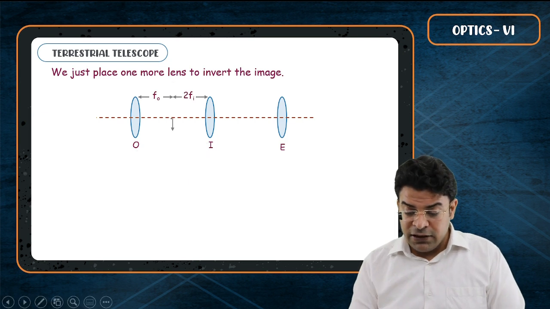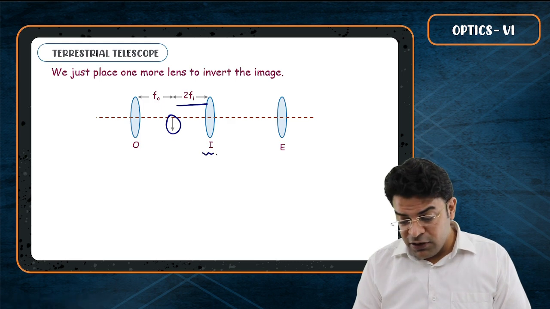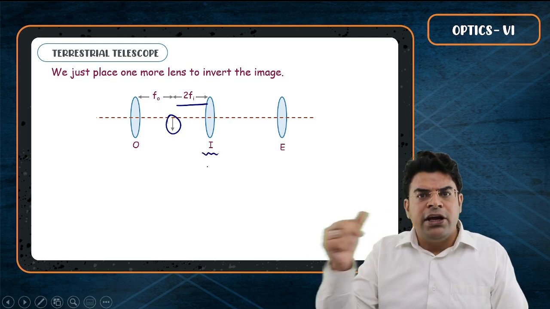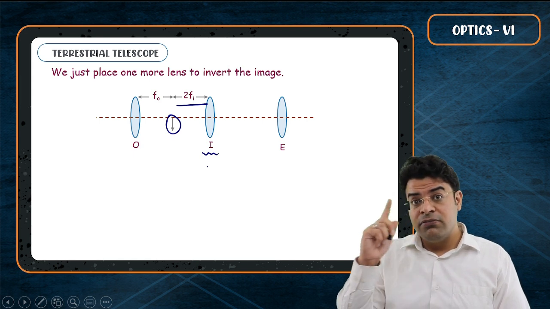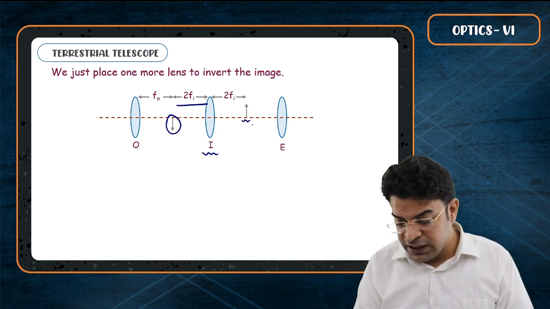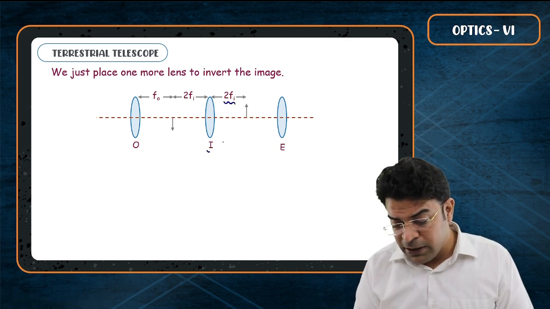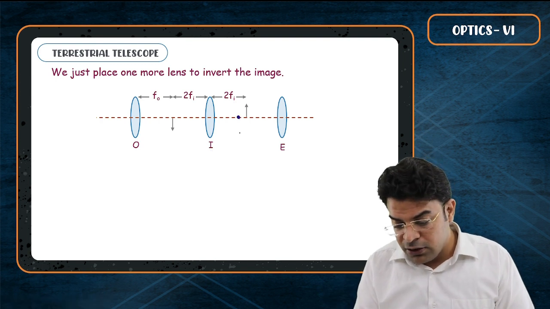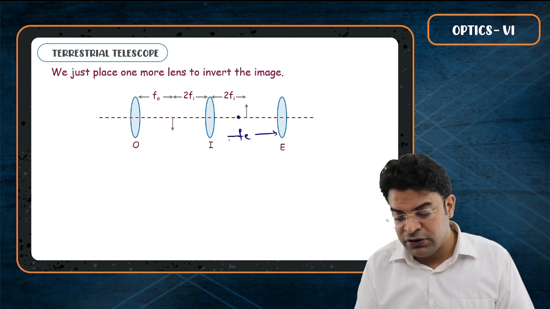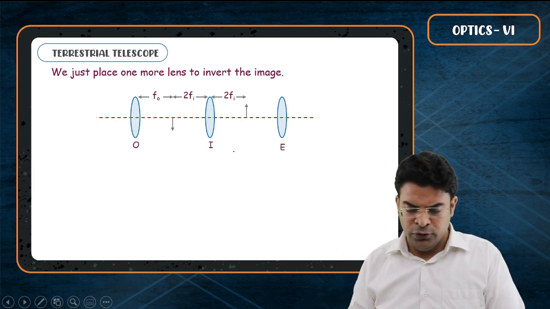So that when this object is at a distance of 2fi, the inverting lens forms an image of the same size at the same distance, real and inverted. So the object again becomes erect. And this image formed by the inverting lens should lie within the focal length of the eyepiece, so that it can magnify it just like a simple microscope does.